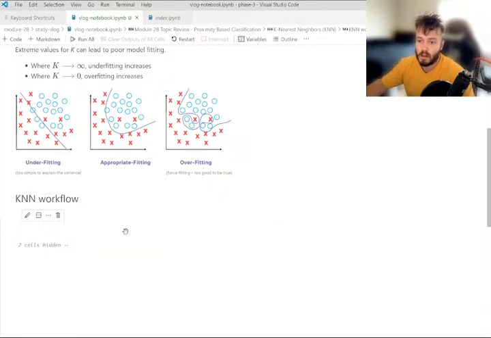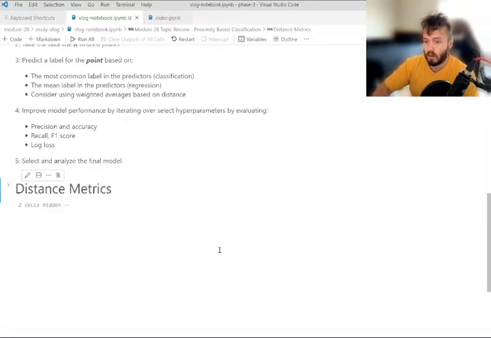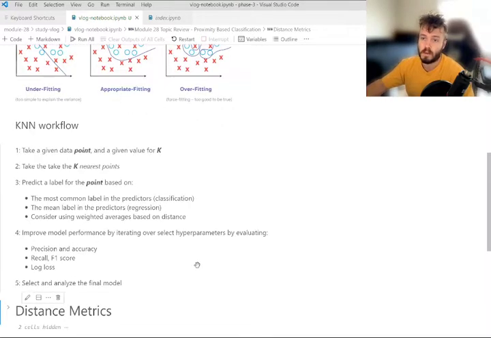So the general workflow for optimizing a KNN classifier: you take a given data point and a given value for k. This is generally how the algorithm flows. This isn't how you would code it or build it necessarily. But anyway, you take a given data point and a given value for k.